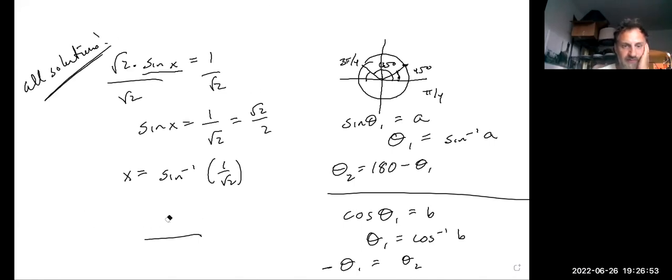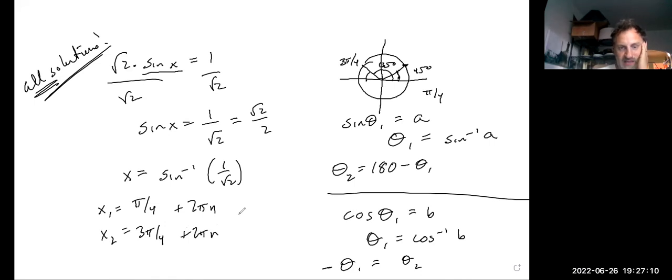Let me get rid of that, because we're going to do this in terms of radians, like I said. So x1 would be pi fourths, x2 would be 3 pi fourths, and to make it all solutions, I add on 2 pi n, and n needs to be spelled out, is any integer.